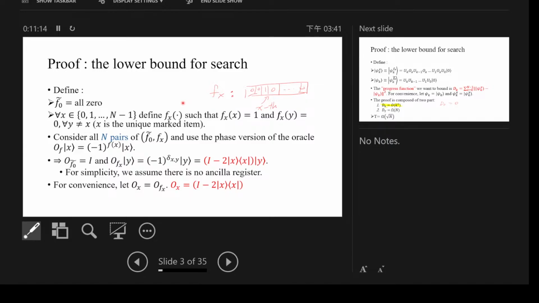We define those fx with x from 0 to n minus 1. This is a bit tricky: we count x from 0 to n minus 1. We cannot have f0 here because this f0 would be the same as the no instance, so we have the tilde there. But anyway, we count x from 0 to n minus 1 because there are different input values from 0 to n minus 1.